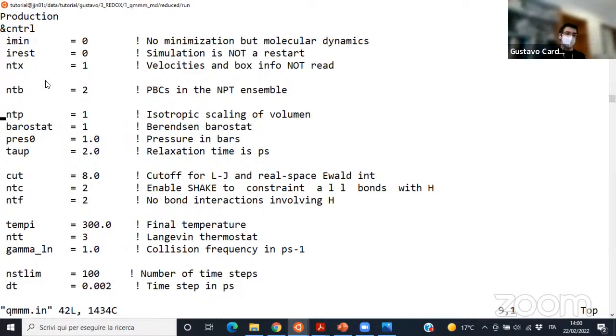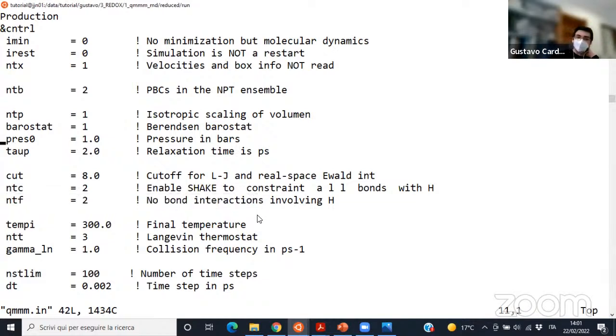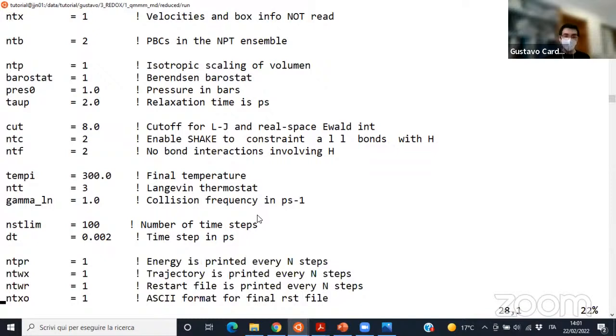What's going to be the important part here? Well, of course, you can take a look at all the parameters we're setting here. In particular, the simulation is going to be in the NPT ensemble, just like any other production simulation. And in reality, this is kind of a copy paste of Vito's input file. So yeah, I was a little bit lazy there, I have to confess.